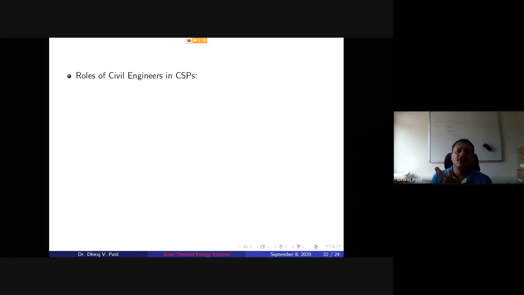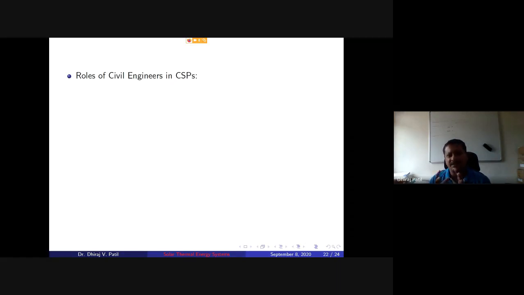How do you control the temperature? How do you control the orientation? How do you control the flow of the fluid? How do you control the temperature of the working fluid? So there is controls engineering, design engineering, structural designing, and mechanical thermal engineering, as we call it, involved in this.